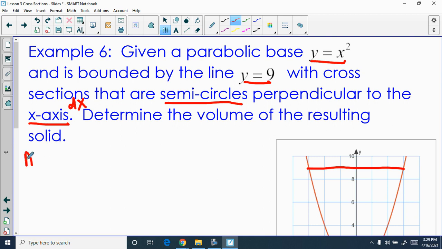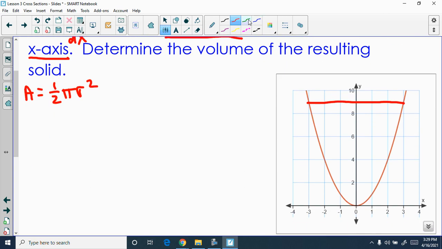So my area is going to equal 1/2 pi times the radius squared. So let's see what we can get for our radius. If I'm looking at my picture, to get my radius going from top to bottom, I'm going from that line y equals 9 down to 0. So that's actually the diameter of the circle.